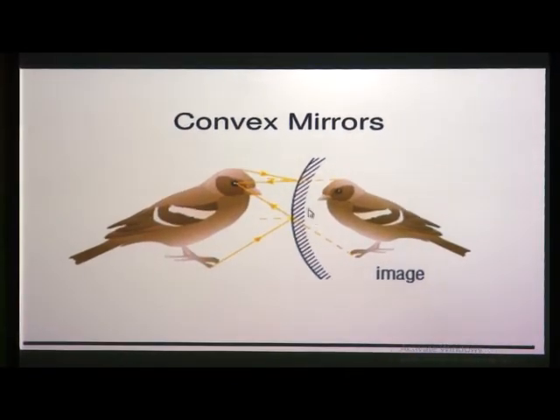So which type of image can we get? We will get a virtual type of image from this convex mirror. So what is meant by virtual?